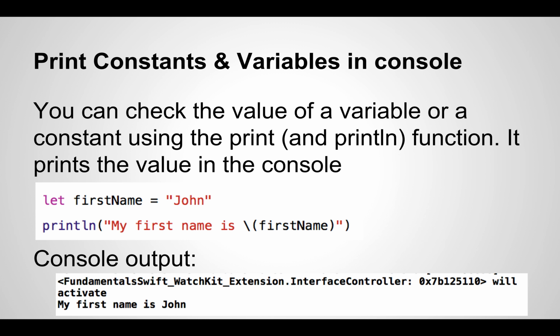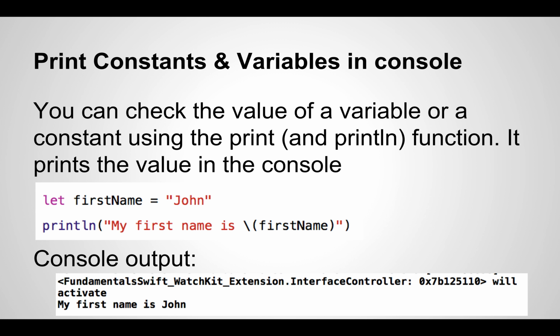So now let's say you want to print those variables and those constants in the console. Now, if some of you don't know what I mean by console, you probably want to check the Xcode lectures, okay? But don't worry about it if you have not seen those lectures yet. You can still understand what the console is, which is basically a log, okay? You can check the values of a variable or a constant using the print or println, for print line, function.